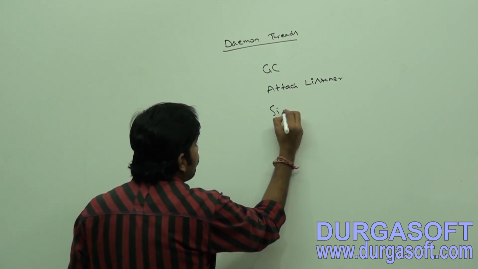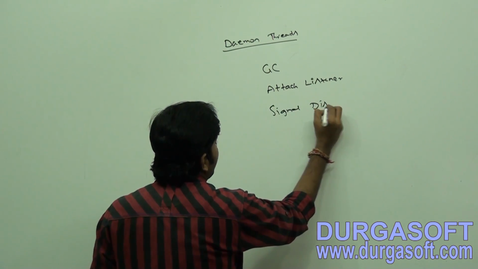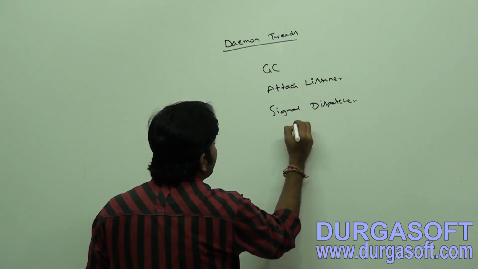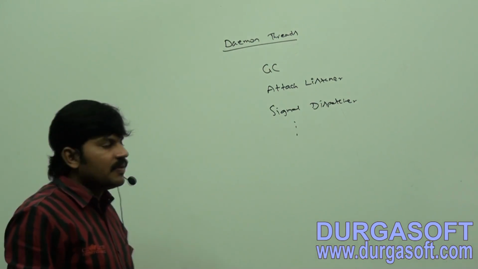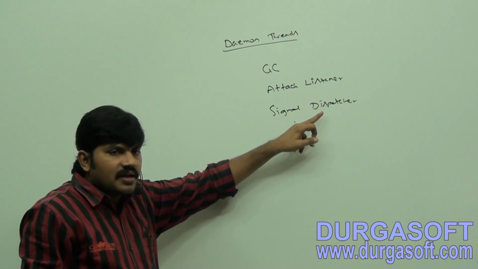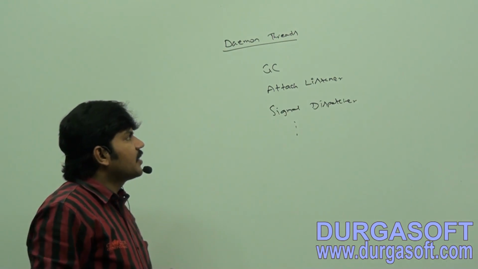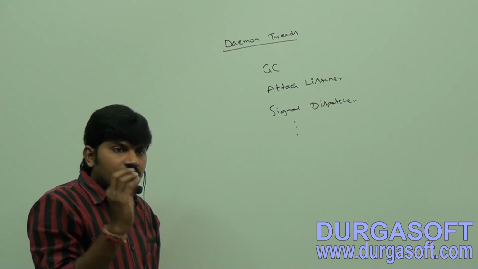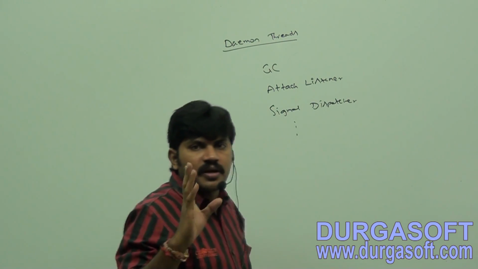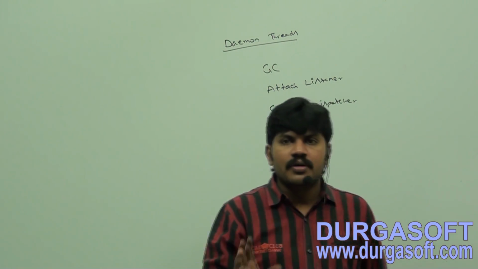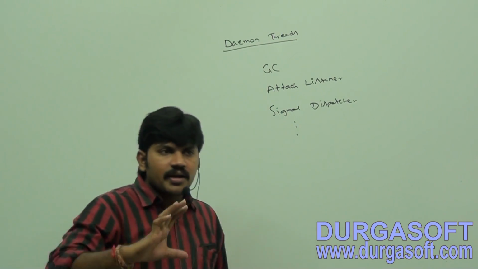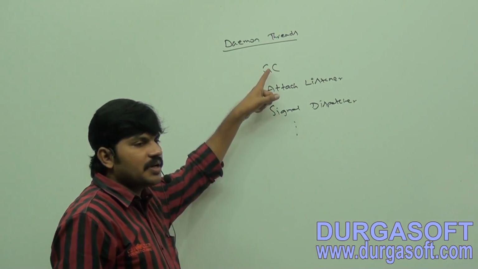Next, signal dispatcher. These are system level threads. The system attach listener, signal dispatcher, and garbage collector are Daemon threads. The threads which are executing in the background are called Daemon threads. Background executing threads are nothing but Daemon threads.